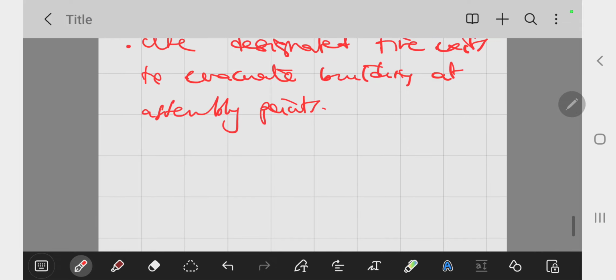Then now moving on from that, let's try to look at what a fire notice is. So a fire notice is basically a piece of document which provides some proper information which you need to follow or use in a scenario whereby a fire breaks out.